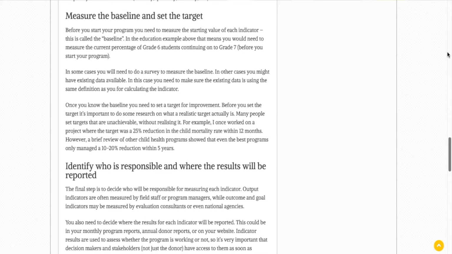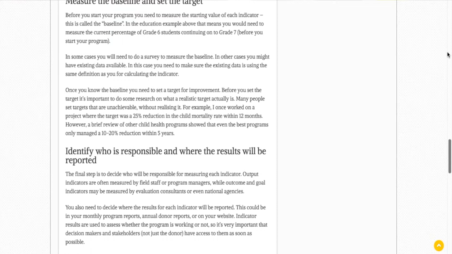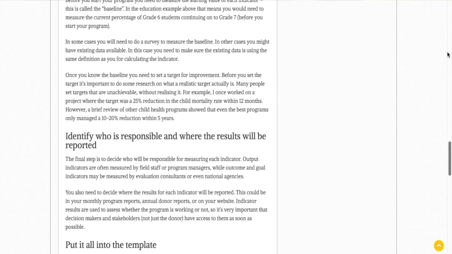Suppose in the education example, you would need to measure the current percentage of grade 6 students continuing on to grade 7 before you start the program. Once this baseline is set, the target for improvement can be set. One has to identify who is responsible and where the results will be reported.